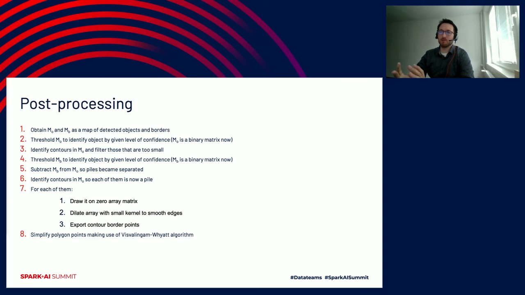So we don't have so many piles joined together, and for each of them we basically draw them, apply some dilatation, you know, to fix those edges and to smooth them a bit, and export those contours into some JSON format.